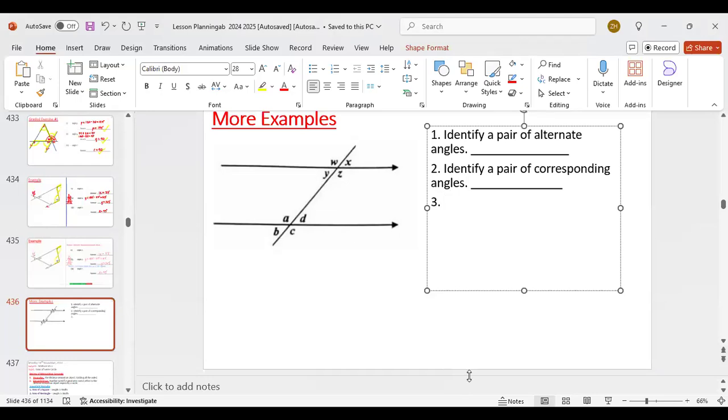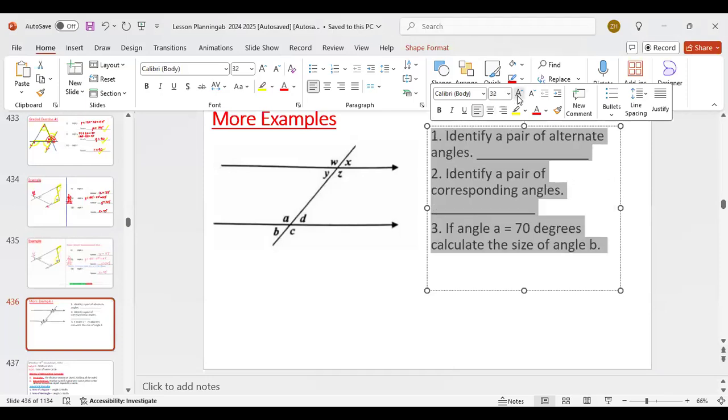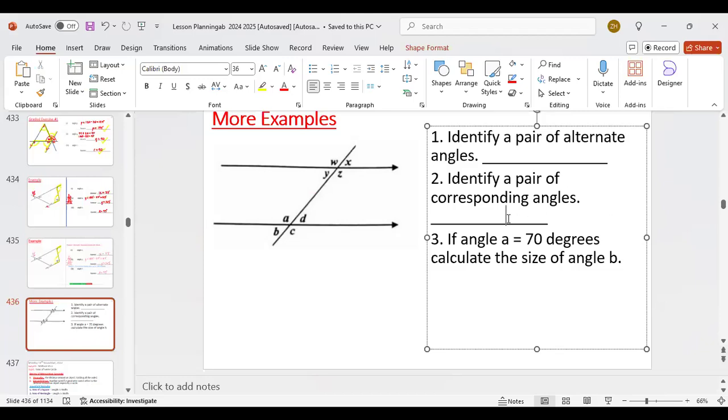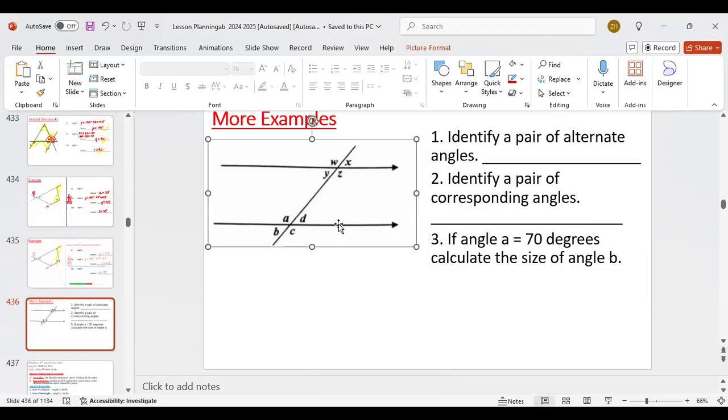And number 3: if angle A is equal to 70 degrees, then calculate the size of angle B. Really good exercise, right? We want to identify a pair of alternate angles, then a pair of corresponding angles, and then figure out, if angle A is 70 degrees, what is the size of angle B? All right.